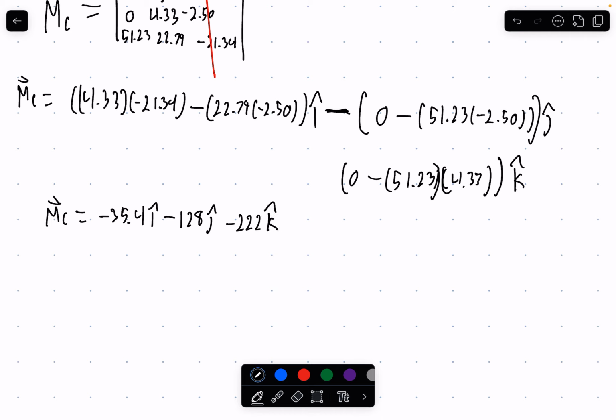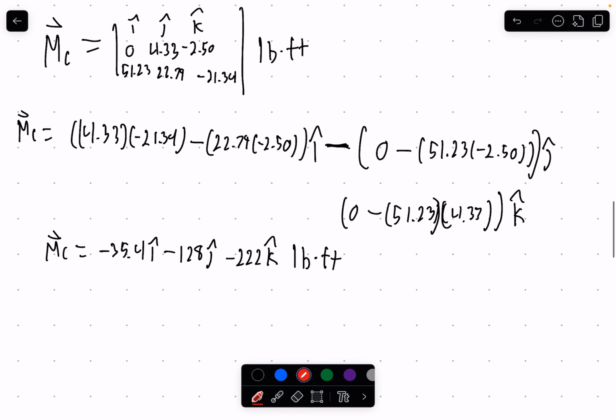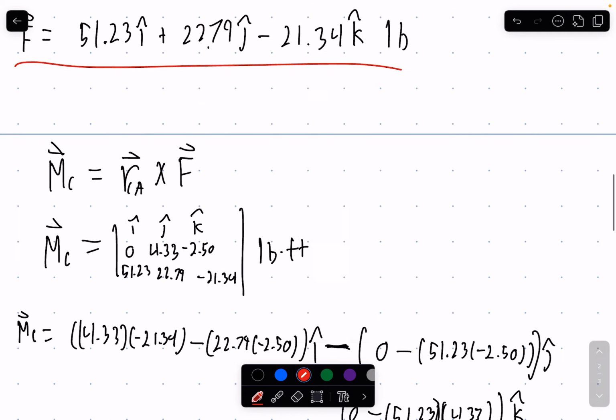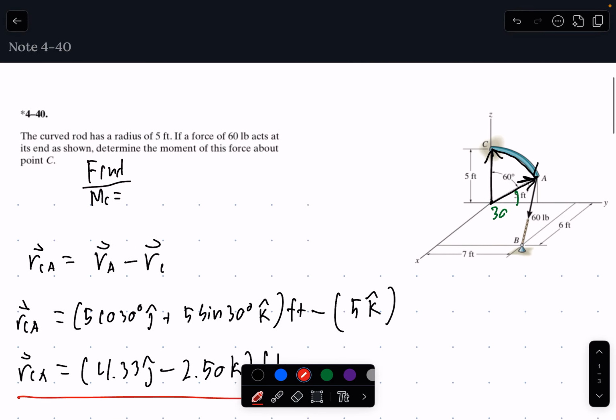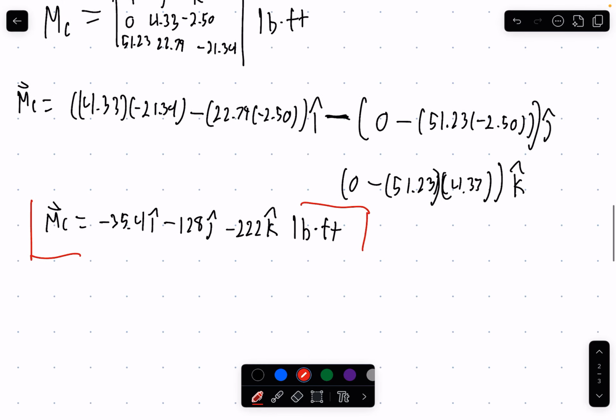And the units for this are going to be in pound feet right here. I should say, really, with the determinant right here, you're factoring out your units, and then it'd be in pound feet again, just to stay consistent. And there, we're going to find our final answer. To go back and check, that is our one unknown variable, the moment about point C. There it is, and we're done.